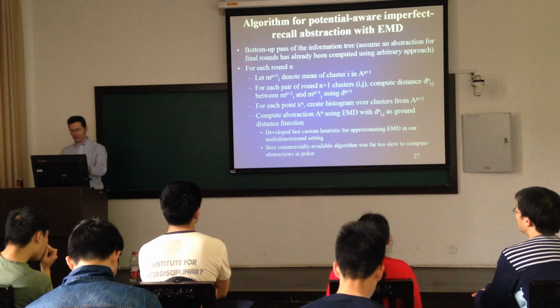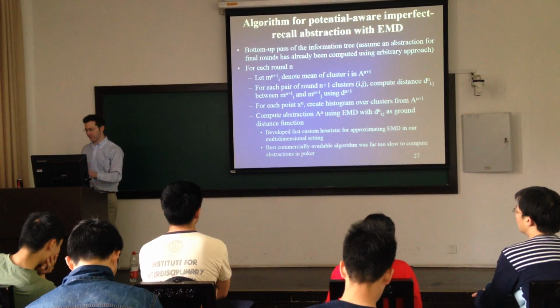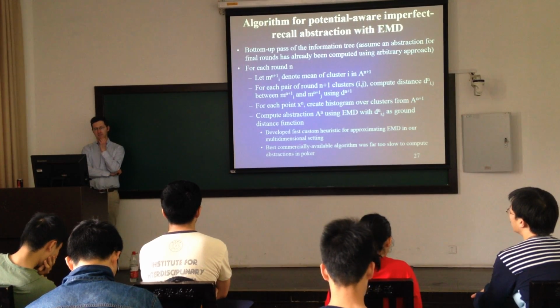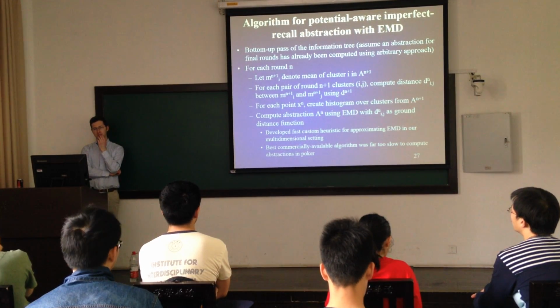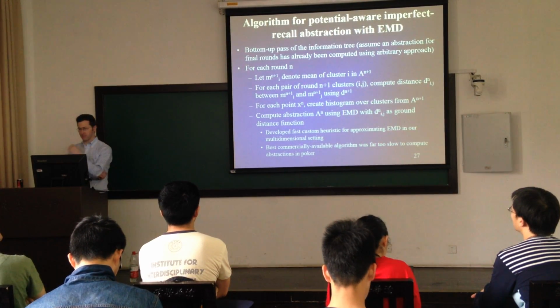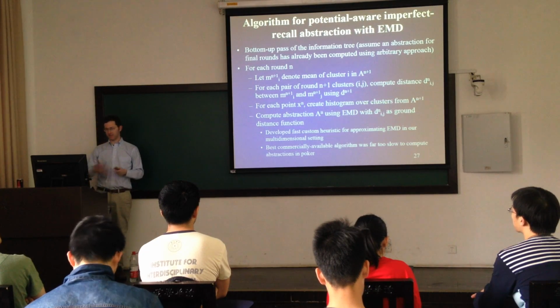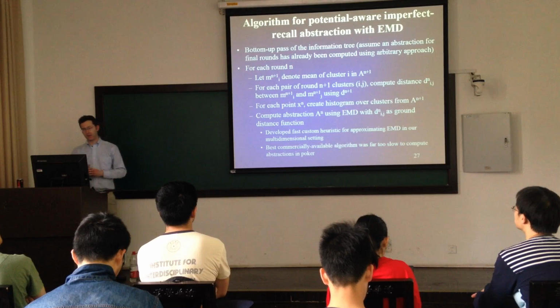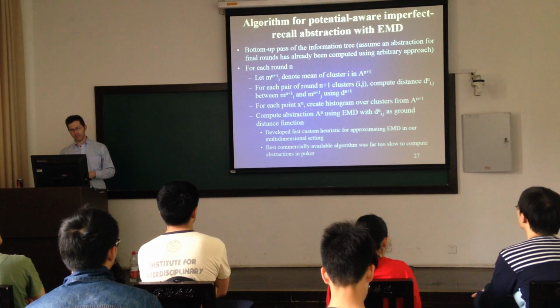There's a lot of specifics in the algorithm. If you're interested, I had a paper on this at AAAI in 2014 with more details. And so this was able to group together hands that have the same trajectory over the whole game.